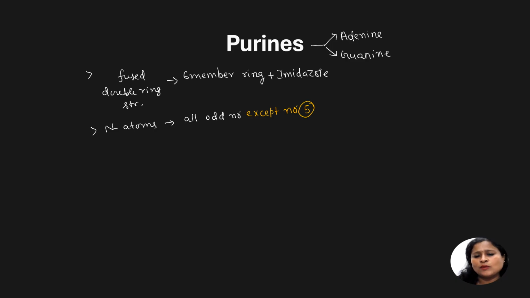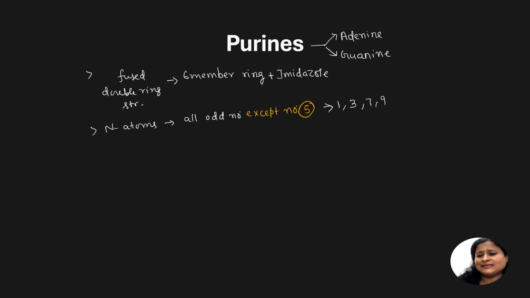What does that essentially mean? That means you put it in number 1, number 3, don't put it at 5, then put it at 7 and 9. So this is the second thing.